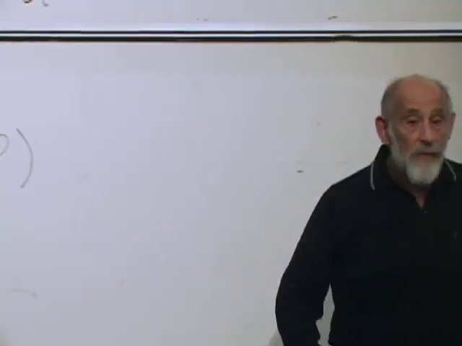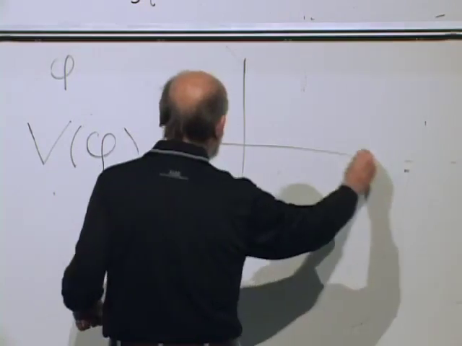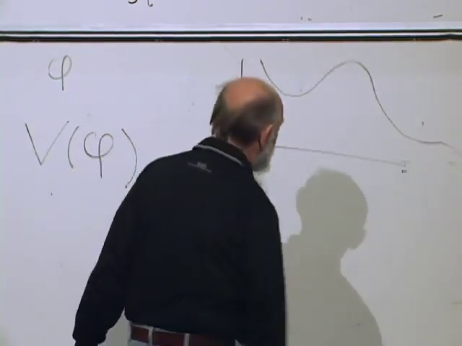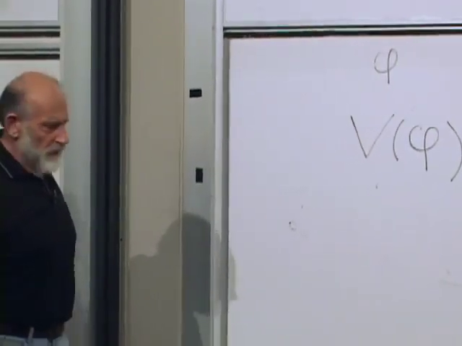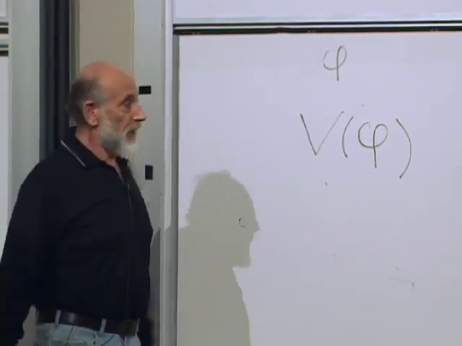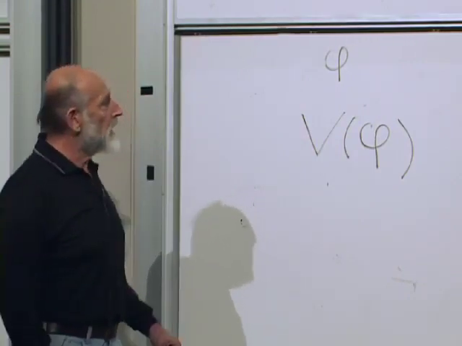V of phi is some function of phi. Let's just draw some picture of it. Here's some picture of it. Any function, whatever function you like, you can put in here. And of course, you get a different theory out no matter what function you put in here. But imagine some function of phi.